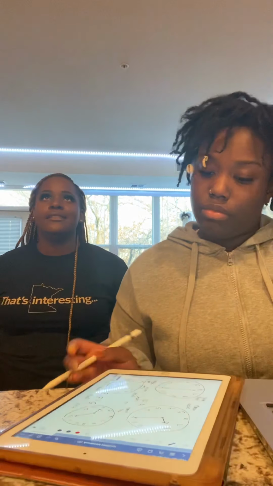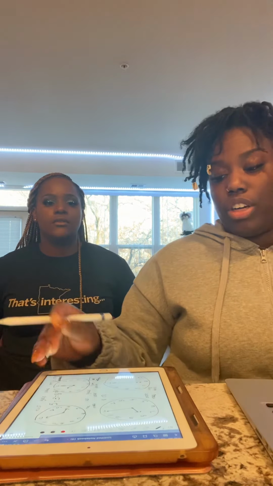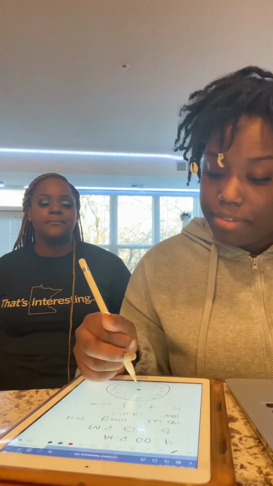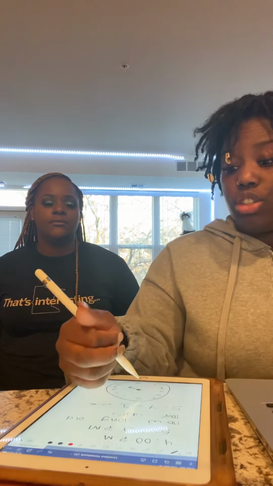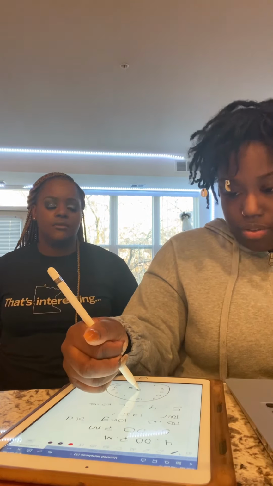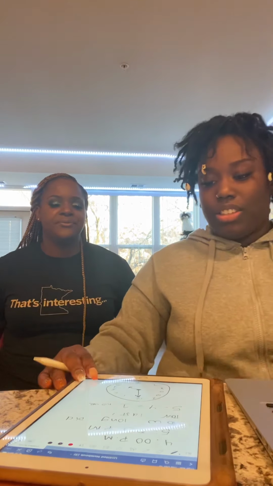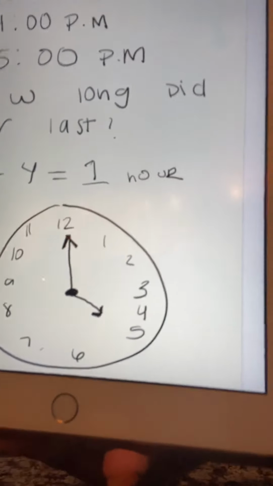The long hand is minutes, so, or I'm sorry, let's do the short hand first. So the short hand will be on the what? The 5. And the long hand will be on the 12. I'm sorry, yes. That's 0. So 5 o'clock will be written as that.